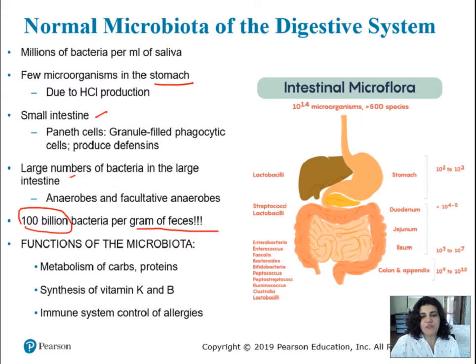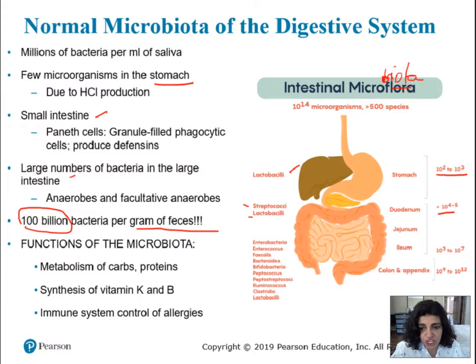This microbiota used to be called microflora, but now the word is really microbiota or microbiome. You can have some lactobacilli in the stomach. Look at the numbers, and then the numbers keep increasing. Duodenum, jejunum, and ileum, 10 to the 4th, 10 to the 5th, made of strep and lactobacilli.